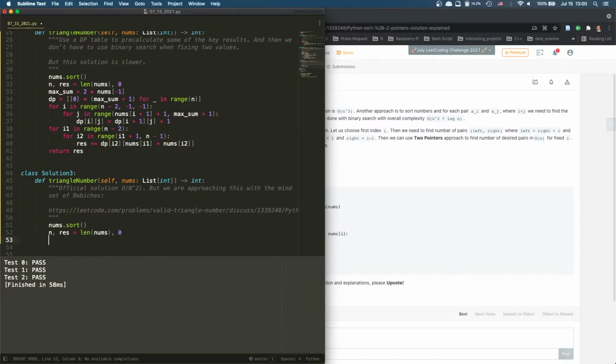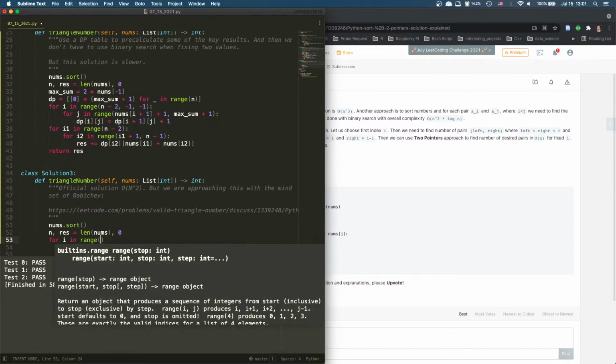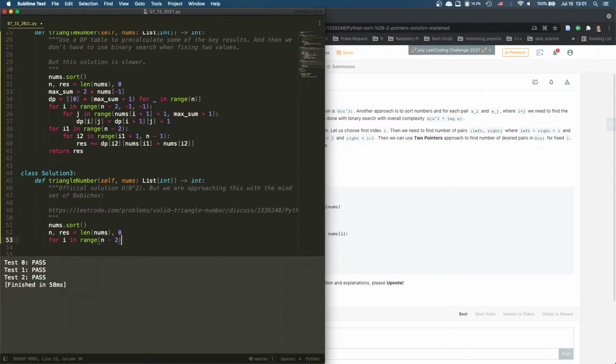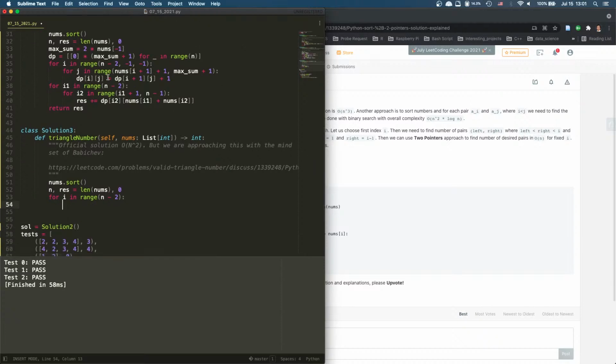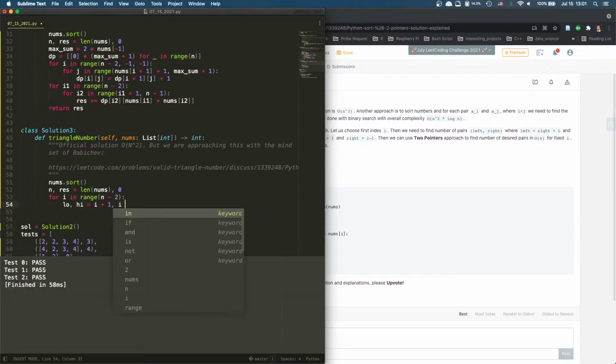So for i in range to n minus 2. Now we have left and right, let's call them low and high. Low and high equals i plus 1 and i plus 2.